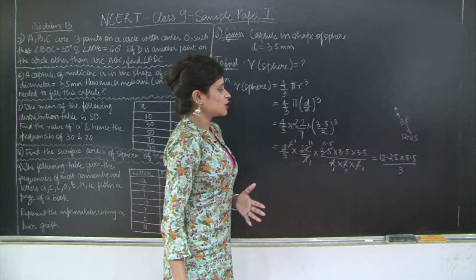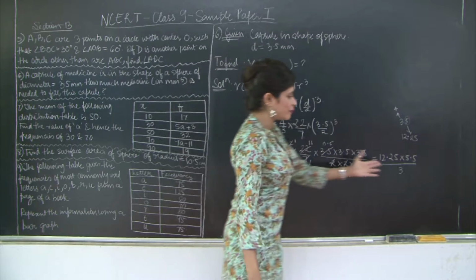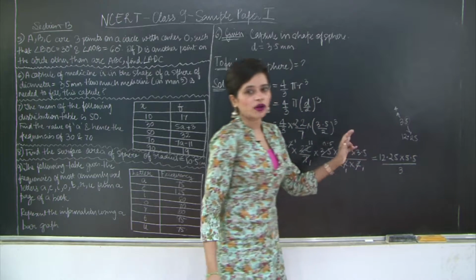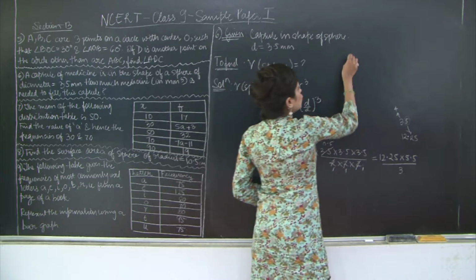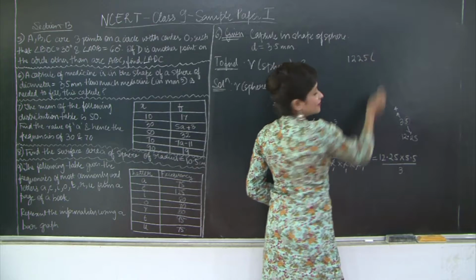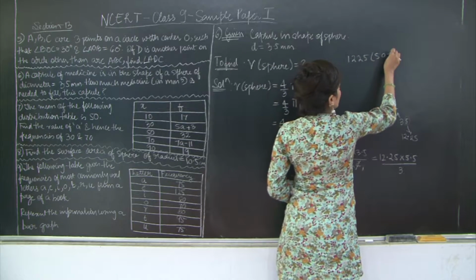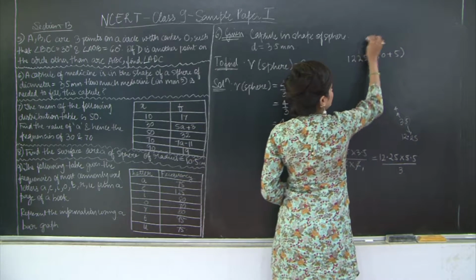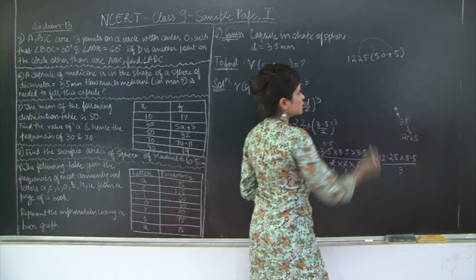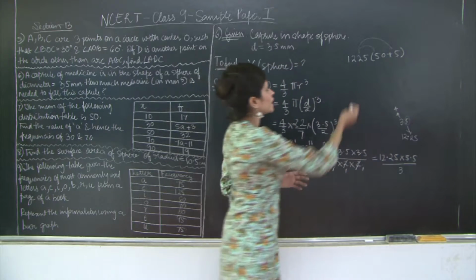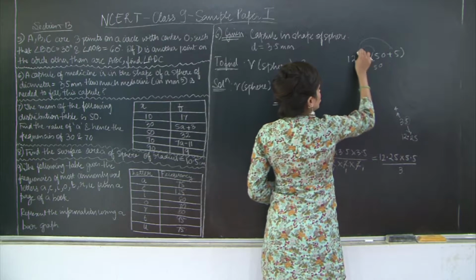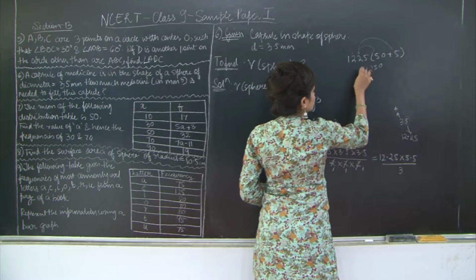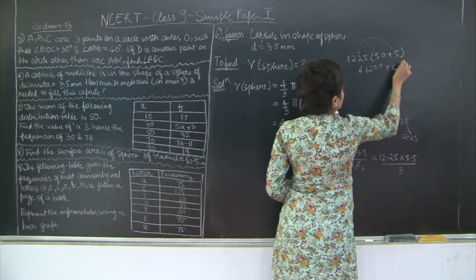So how do we calculate 12.25 into 5.5? For now, I'm just not going to consider the decimals. I'll take 1225 into 55. So 1225 into 55 can be written as 50 plus 5, right? So let's multiply 1225 with 50 and then with 5 and add these terms. So this is nothing but the distributive law. So 5 5s are 25, 5 2s are 10, 11, 12, 5 2s are 10, 11, 5 1s are 5, 6, and this will be 6125.